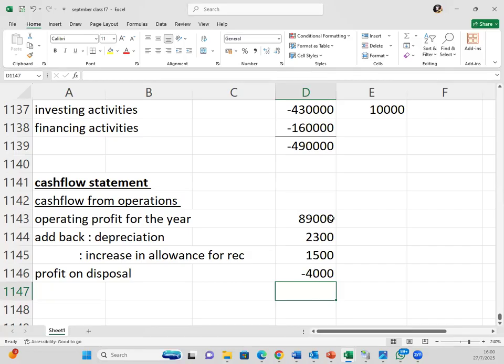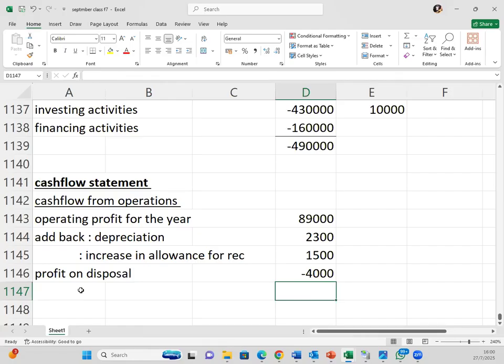So if I ask you how much do we have, it's 8.9. Then I ask you, how did we get to 8.9? You tell me we have removed depreciation. I will say add back that money. We have removed allowance, add back that money. Because we don't pay money for those expenses. It's an expense, yes, but it does not result in outflow of money. Then besides the profit on disposal, we can also have the decrease in allowance.